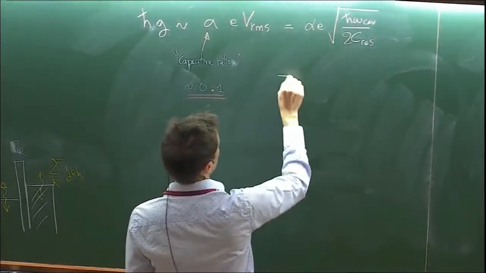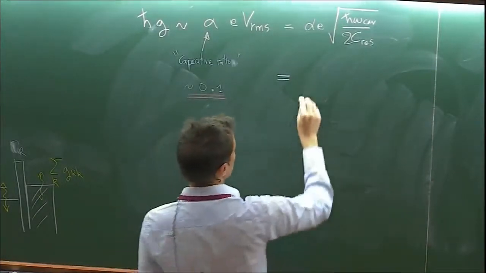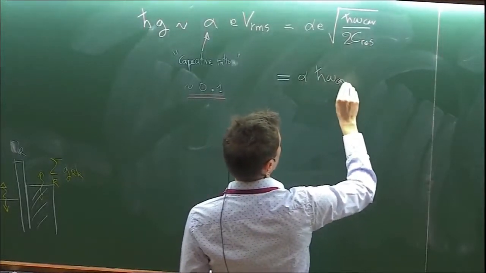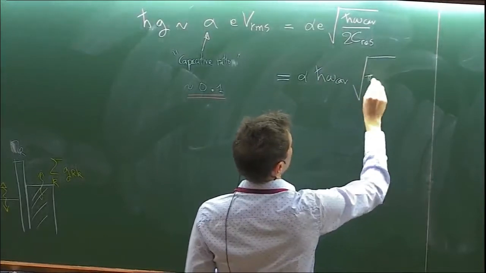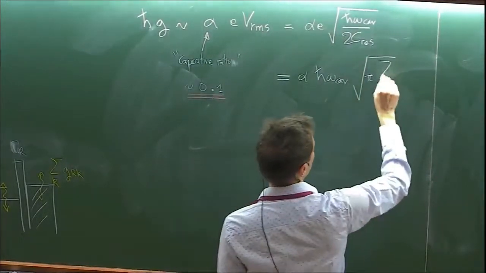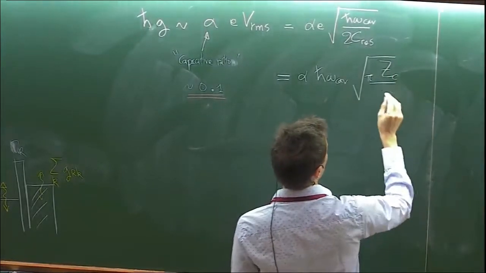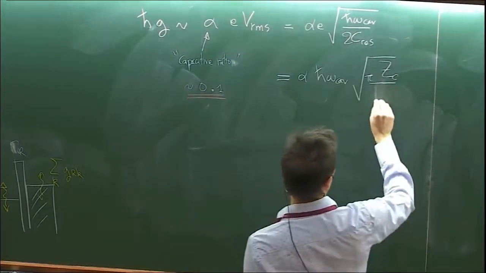So I like personally to have another way because I like to deal with impedances. So I can rewrite this like that. So it's a pi, the characteristic impedance of the line, over the quantum of resistance.